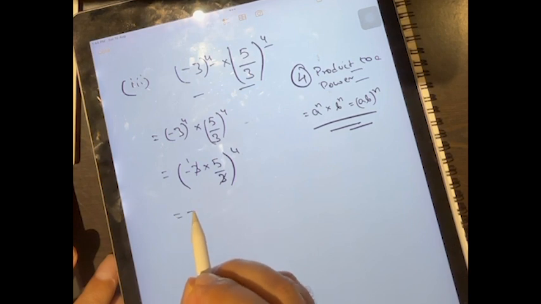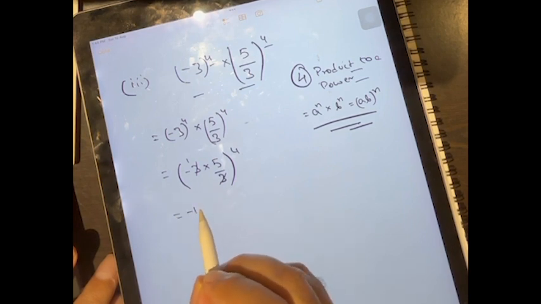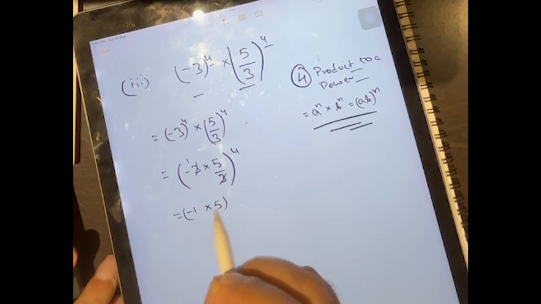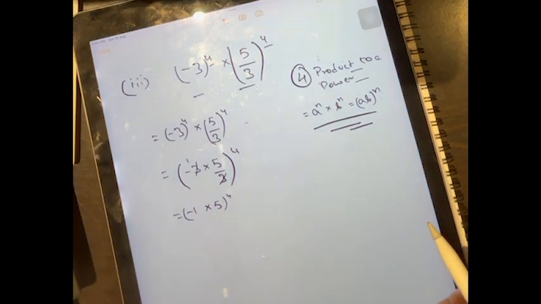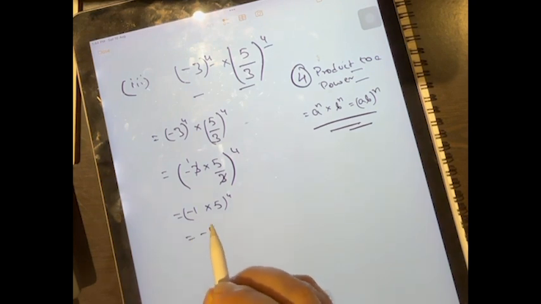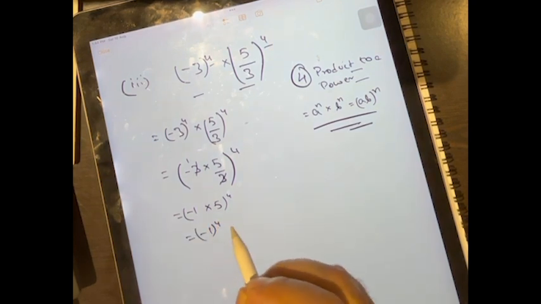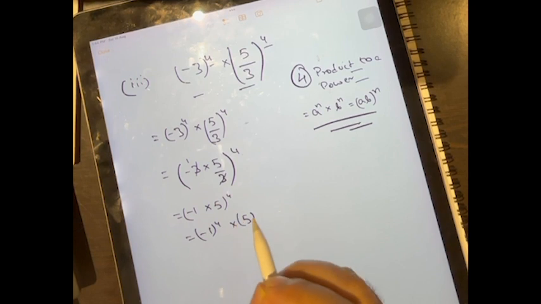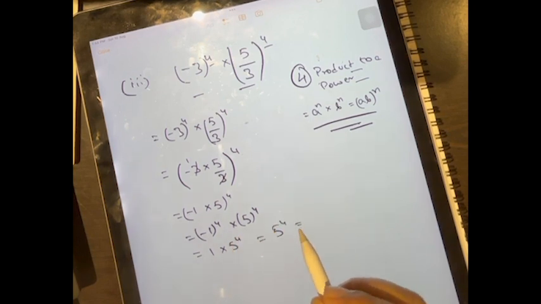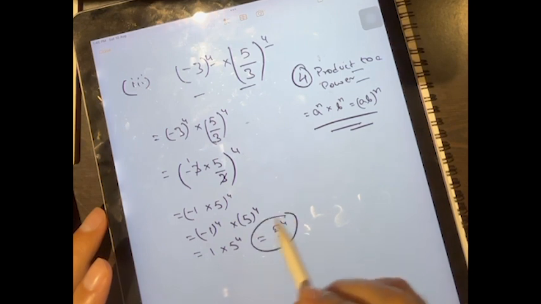This will become minus 1 into 5 raised to the power of 4. Then we can say minus 1 raised to the power of 4 into 5 raised to the power of 4. This will become 1 into 5 raised to the power of 4, and this will become 5 raised to the power of 4, and this is your answer.